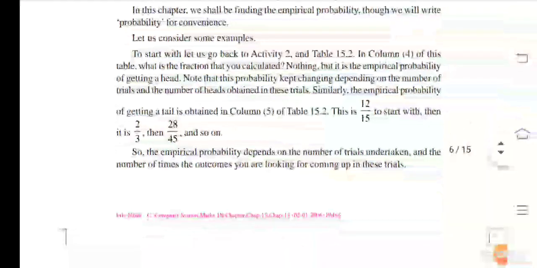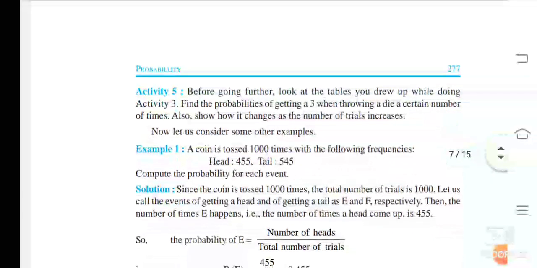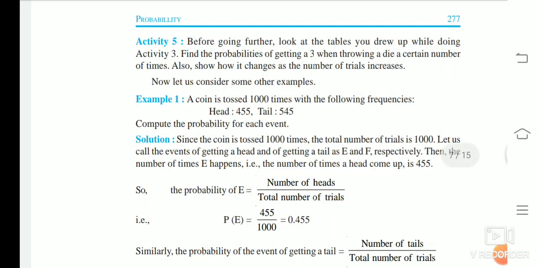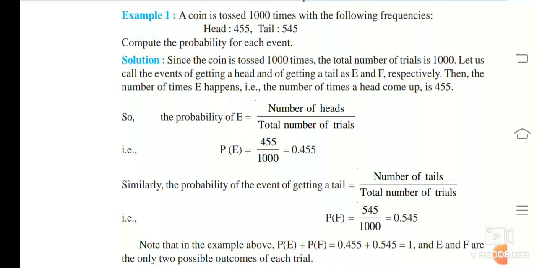Right. Now we are going to start the example. A coin is tossed 1000 times with the following frequency: 1000 times, you are getting head 455 times, tail 545 times.